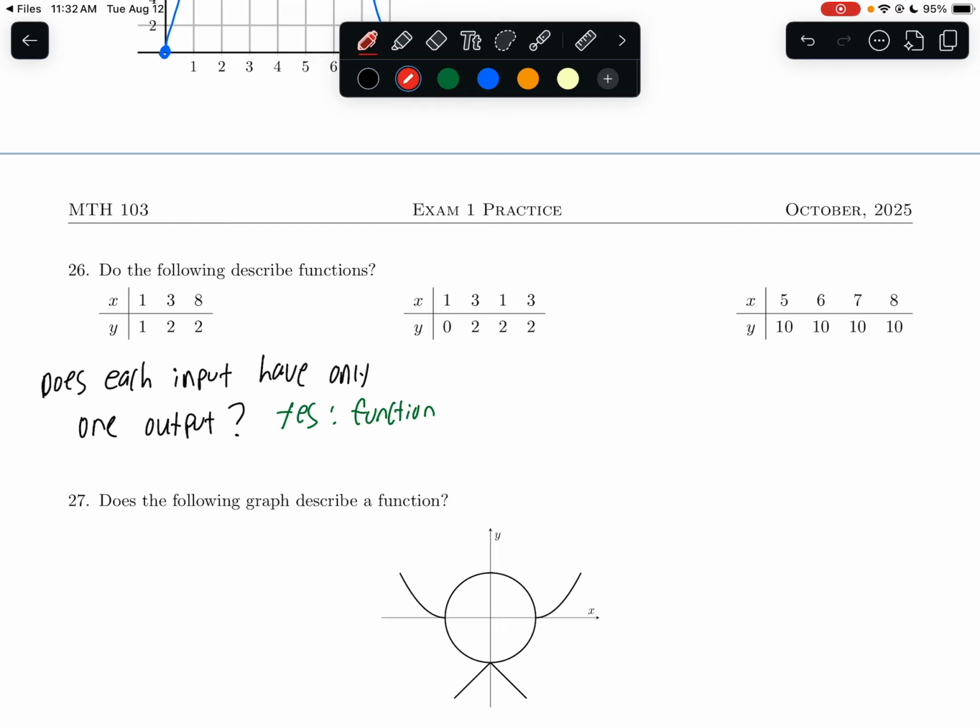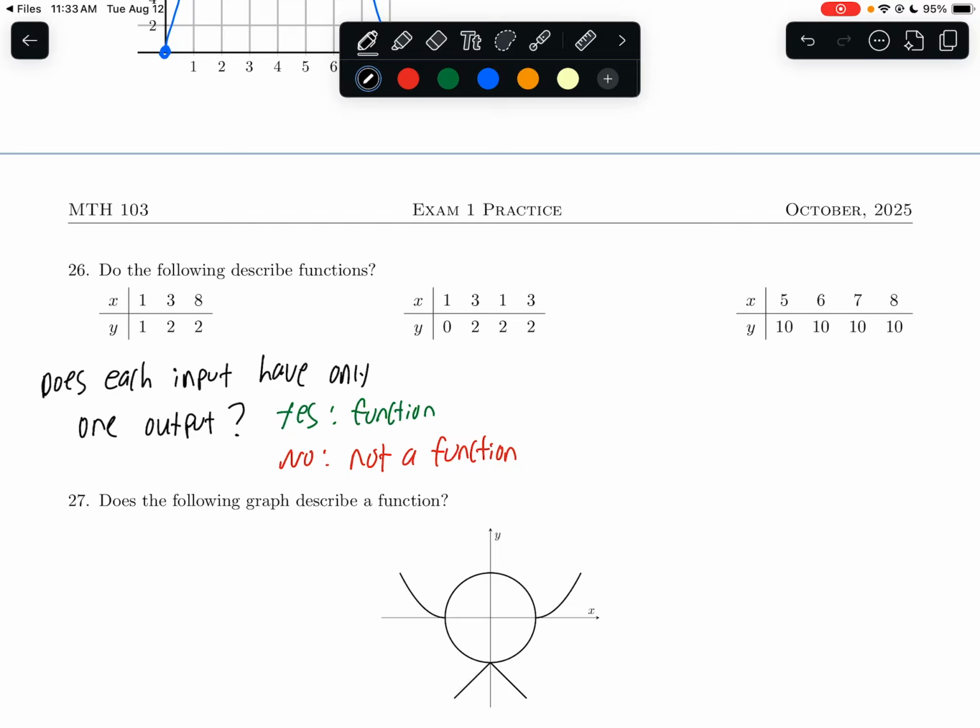And if the answer is no, meaning there's an input which has more than one, different output associated to it, then the answer is not a function. This is what the vertical line test means. It comes from that. It's just a more visual approach given the graph, which we don't have.